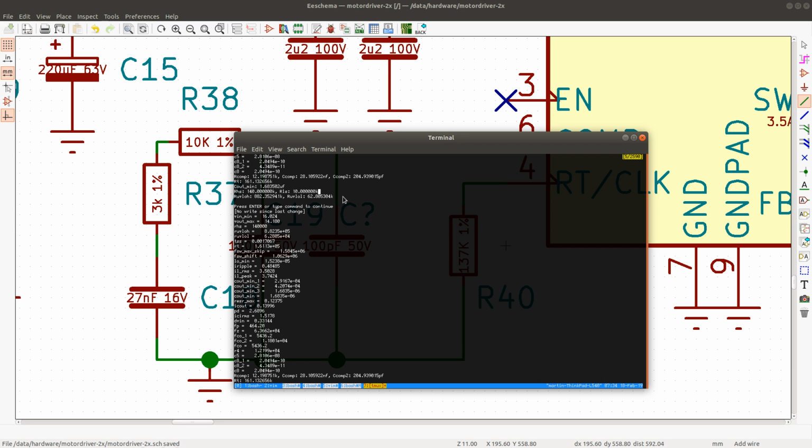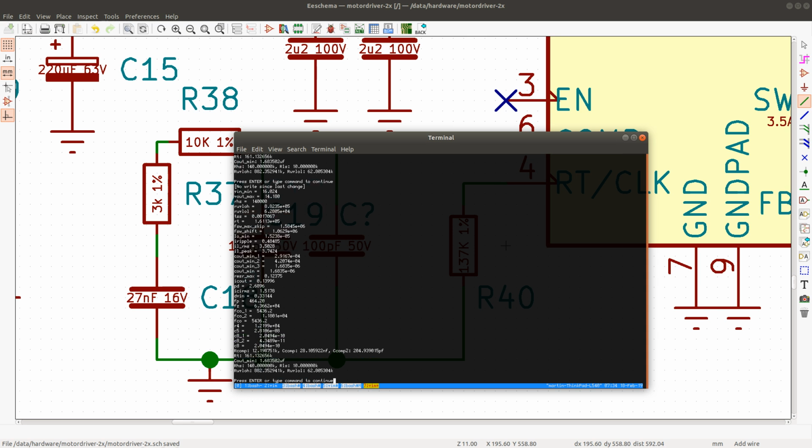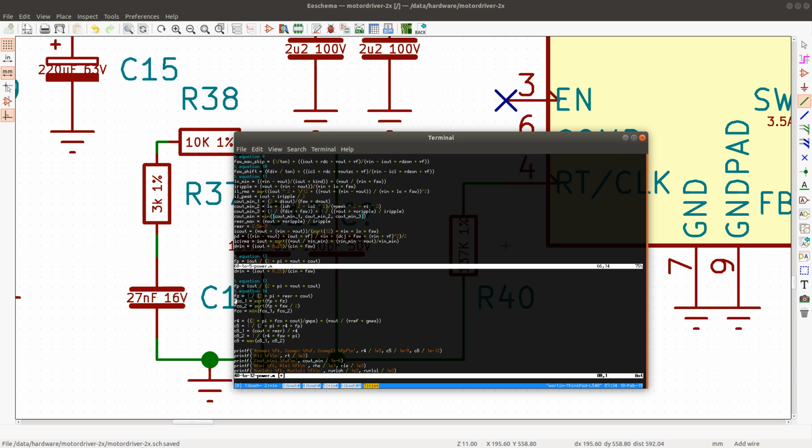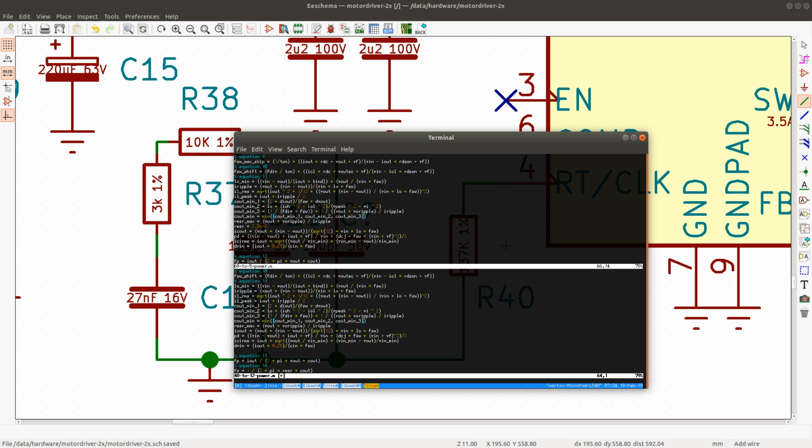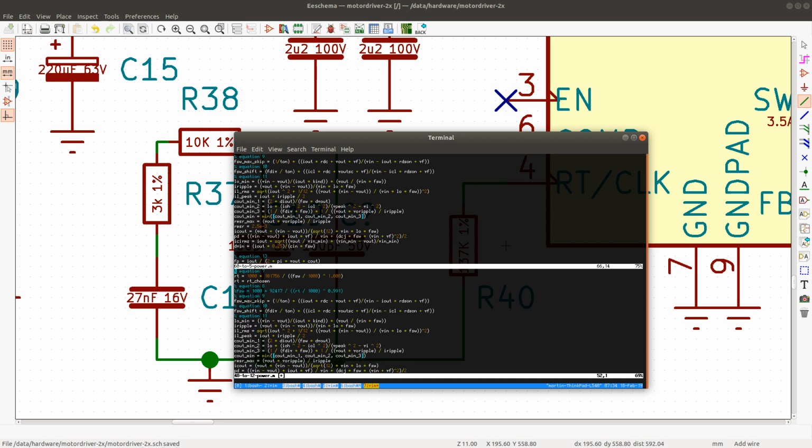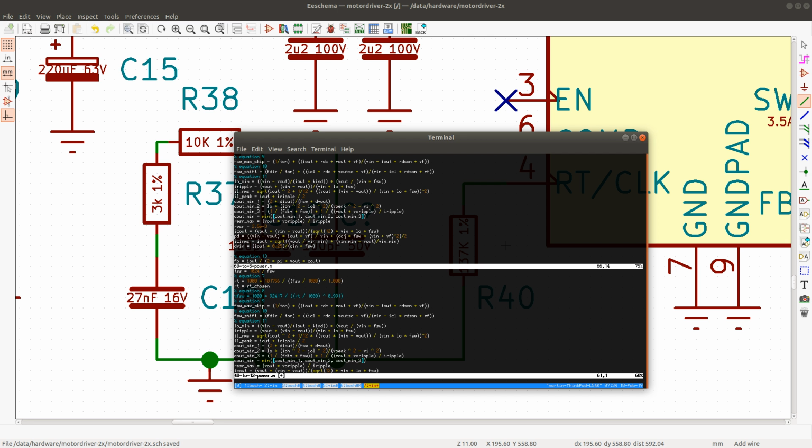That is not affected at all. But I think RT, right, yeah, because I forgot to specify.